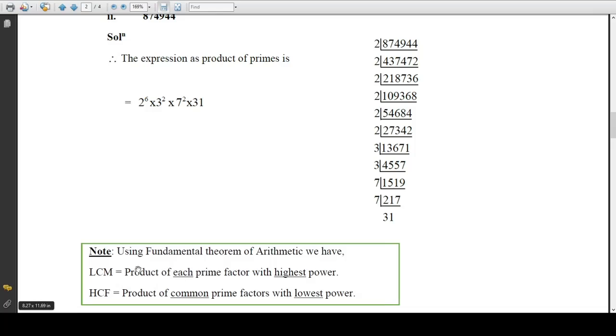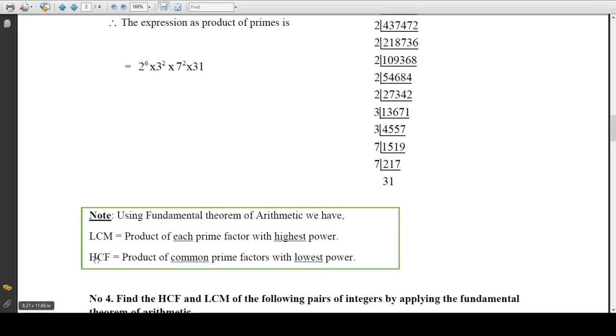Now, the LCM we can find by doing the prime factorization, and then the LCM will be the product of each prime factor with the highest power. Remember this thing. The LCM will be the product of each prime factor with the highest power, while the HCF will be the product of common prime factors with the lowest power.